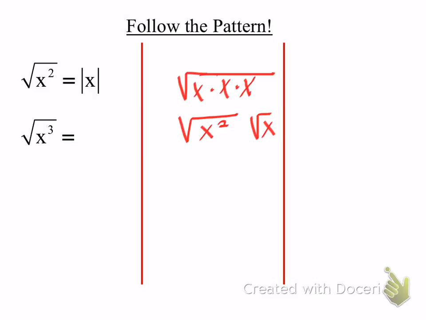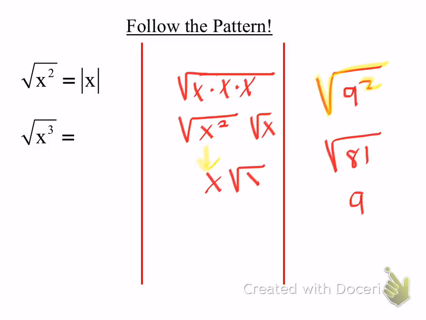Okay, now remember what I said, like if I have 9 squared, 9 squared really equals what inside? 81. And the square root of 81? So do you notice that when you have a square and a radical, they negate each other? Are you seeing that? So in this case, what is the value of just this? X. That's x. And then I'm left with this. Is that safe to say?